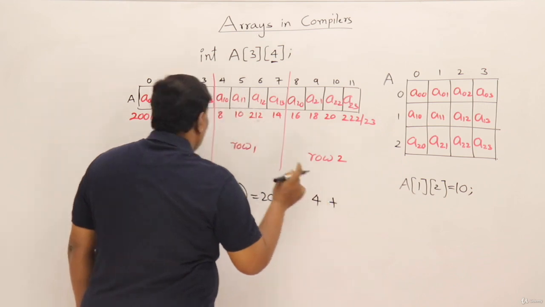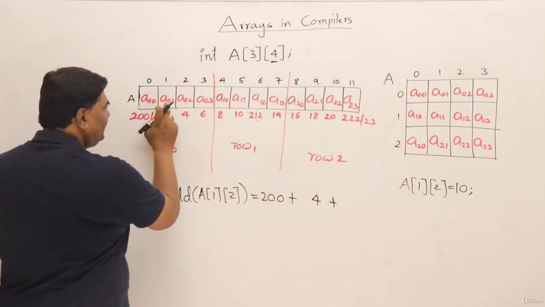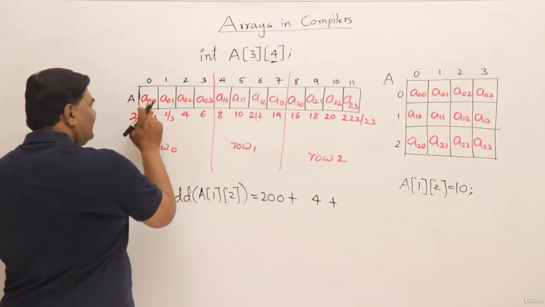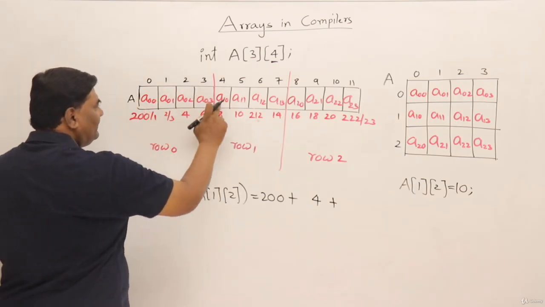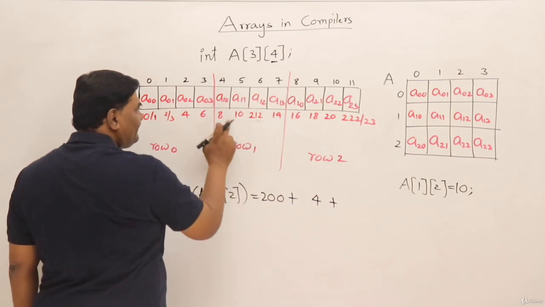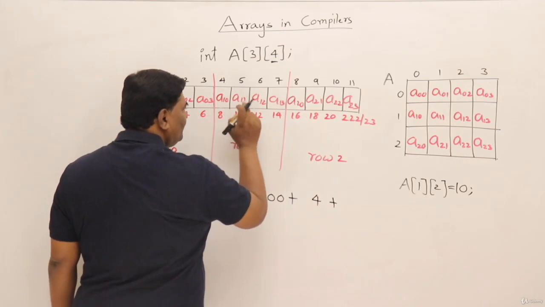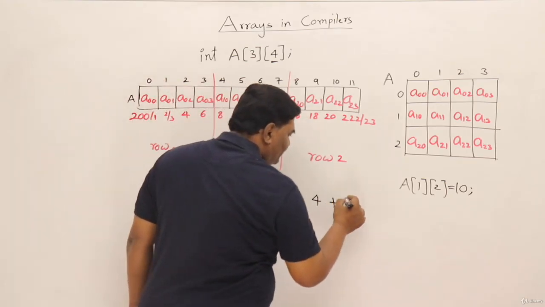200 is this index. If I leave 4 elements, 1, 2, 3, 4, then here I was in the beginning of the first row, and now I am in the beginning of the next row, that is index 1. From here, how many elements should I move further? 1, 2 elements.